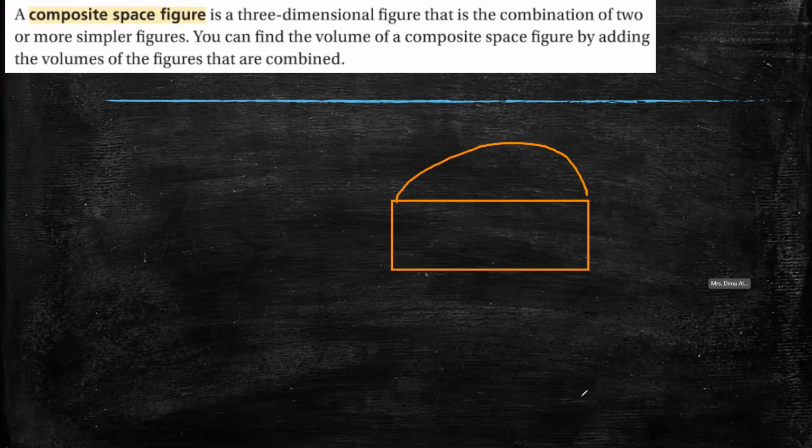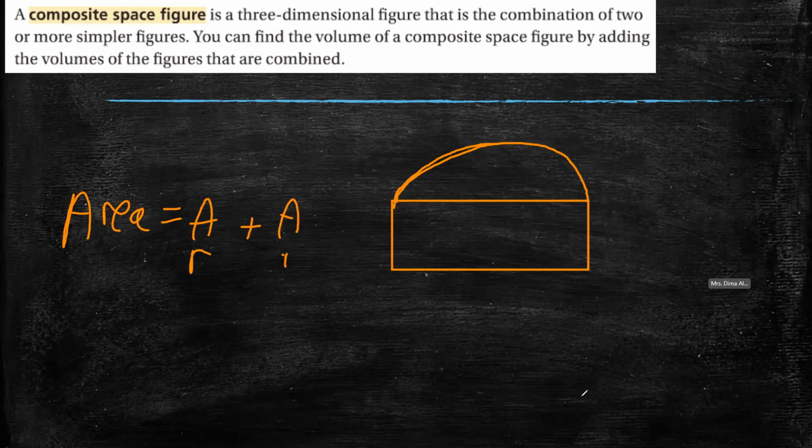And I told you to find this one, we called them composite shape. Why do we call them composite shape? Because there are two shapes that are combined here. So if you want to find the area of these two shapes, we say the area of the rectangle plus the area of the other shape. This is for the two-dimensional shapes.